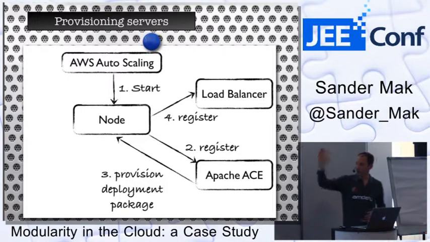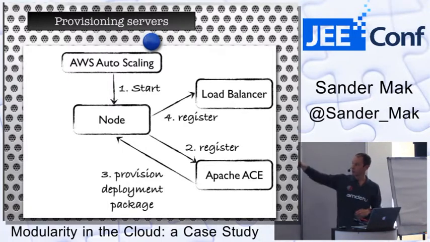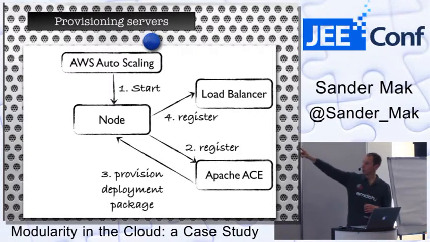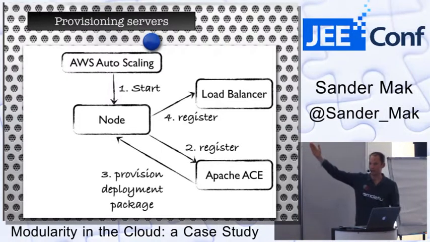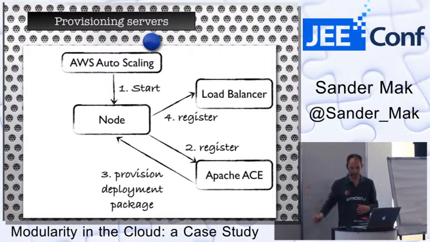So we start out at the left-hand side with these 190 OSGi bundles. We create several features that describe functional areas of the system, and we create a single distribution that we target to the servers that are at the far right that are known to ACE. So in this case there's only one server, but in practice there are many.